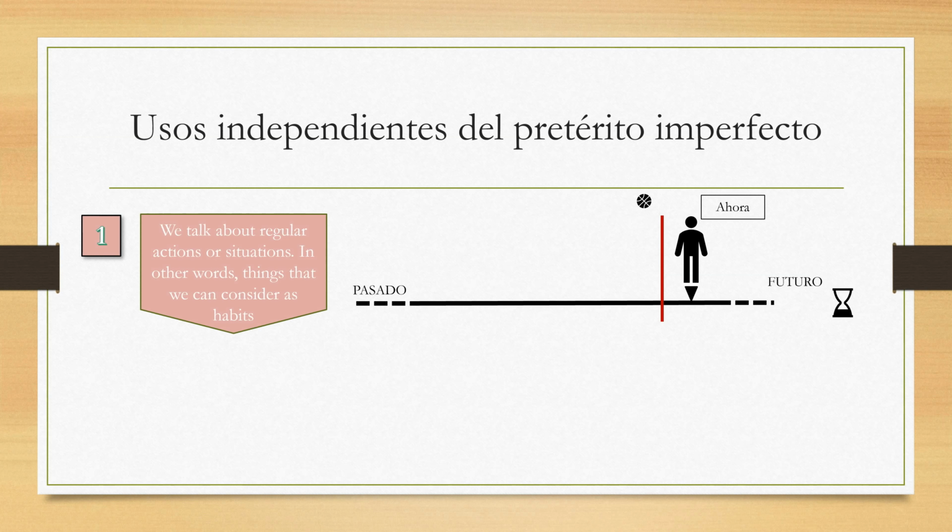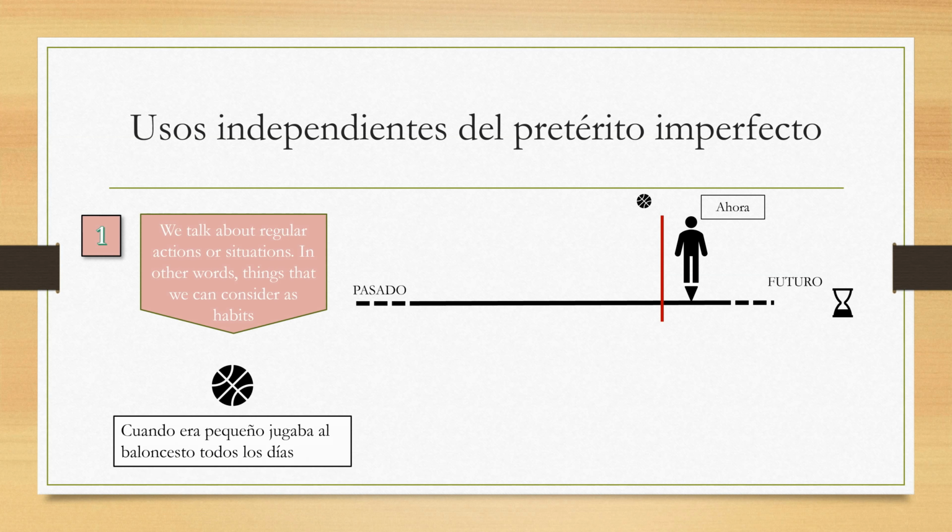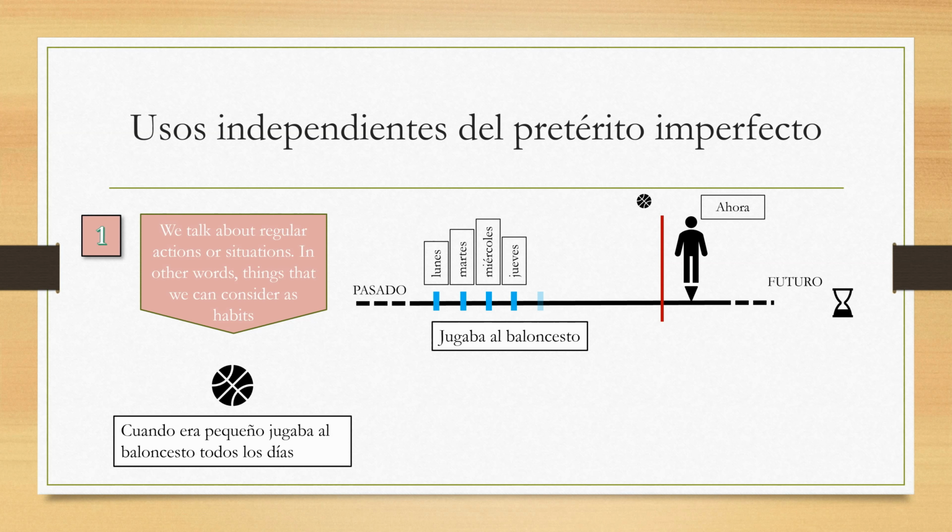In other words, things that we can consider as habits. Cuando era pequeño, jugaba al baloncesto todos los días. As you can see, in my timeline, I have all the days of the week, and for me, this is a habit.